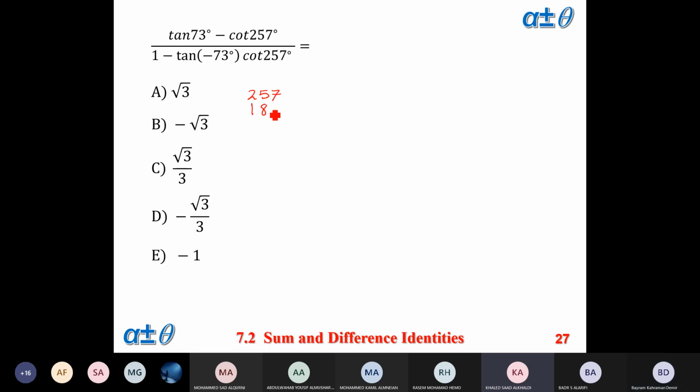Let's subtract 180, so it will be 77, and 77 is the reference angle in the third quadrant. So we can write it as a tangent of 73, and then minus cotangent of 77.